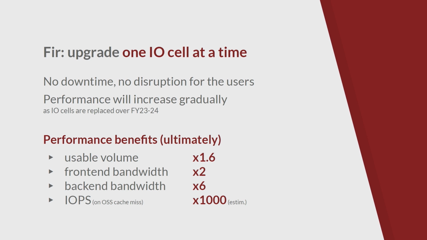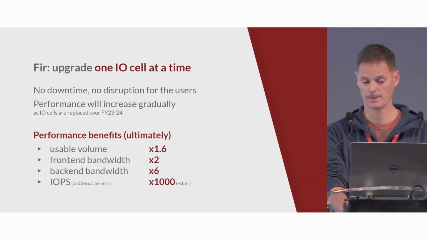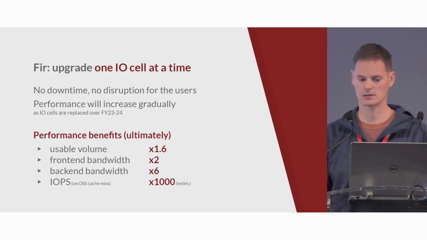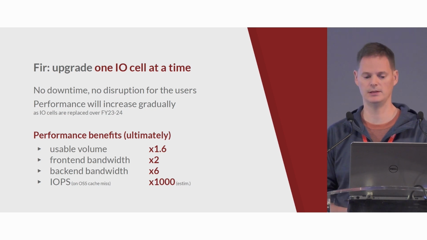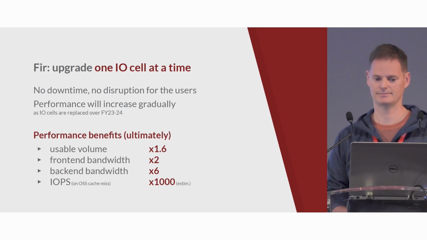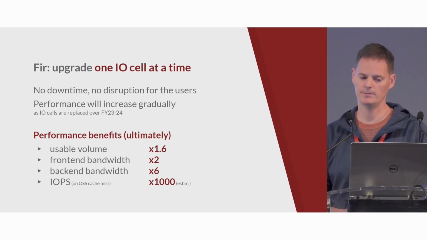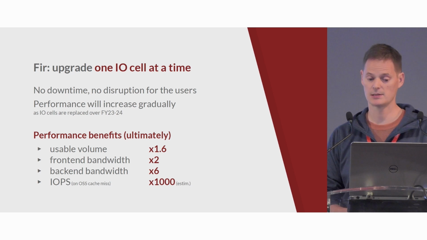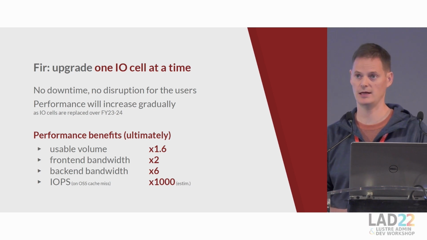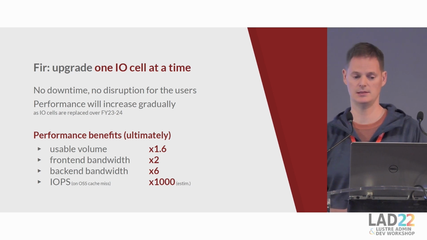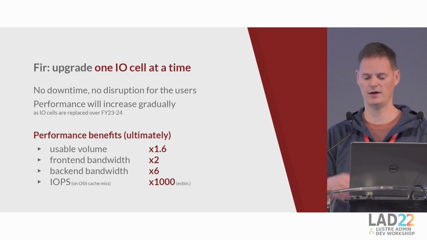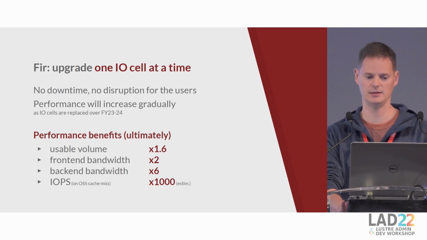Ultimately, we expect a performance boost, of course in bandwidth. IOPS will hopefully be an order of magnitude higher than today, and also usable volume, because we are going to use 15.36 TB SSDs, which is much larger than the hard drives we had from 2018.